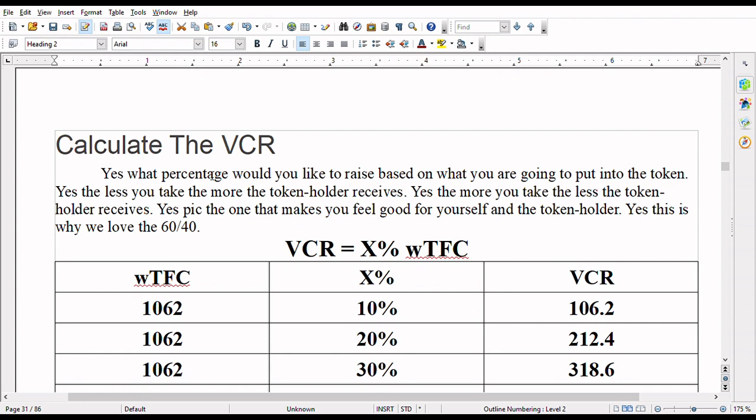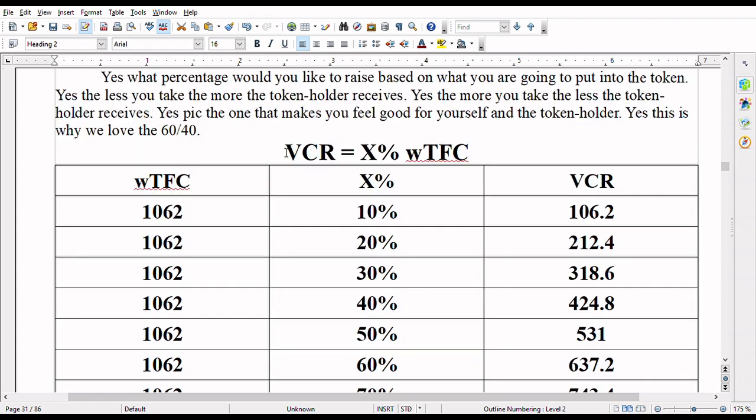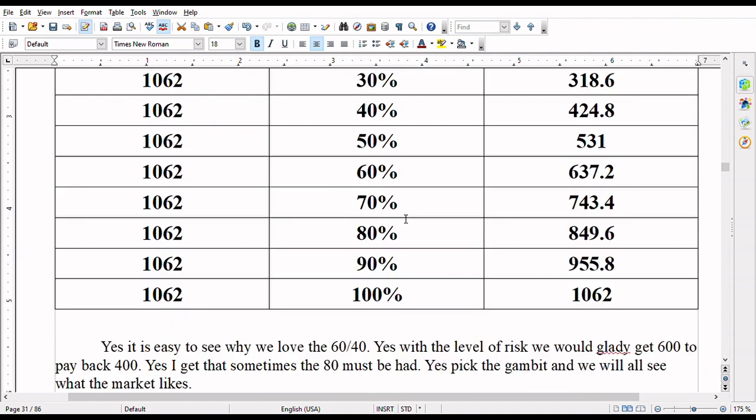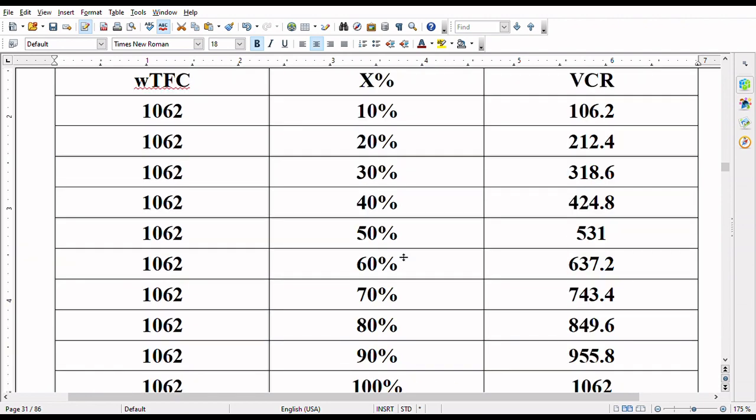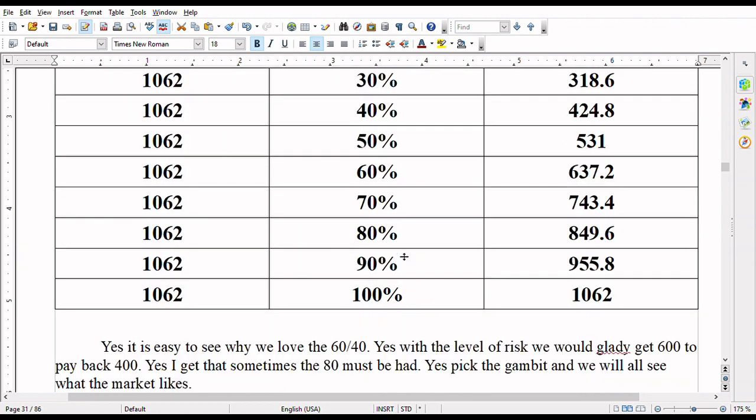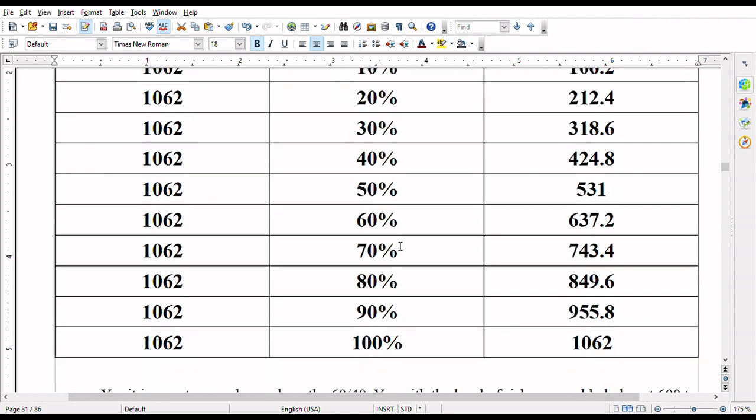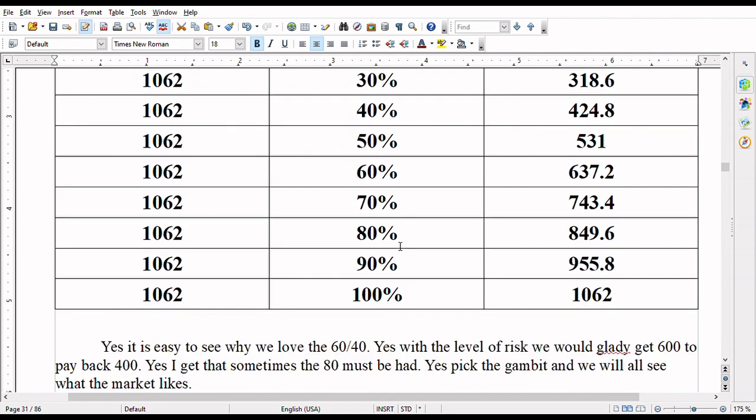The overtime versus the 2-day model. And we see that in order to get our VCR, it is an X% of the WTFC, because it is your choice and your decision on how you would like to structure the deal. How much are they going to get? How much are you going to get? What's fair? What's nice? What's good from a trade network standpoint?